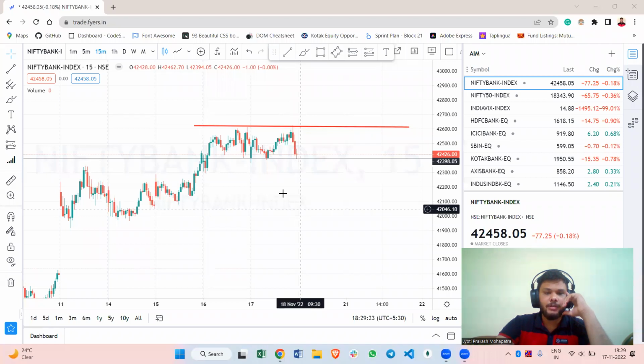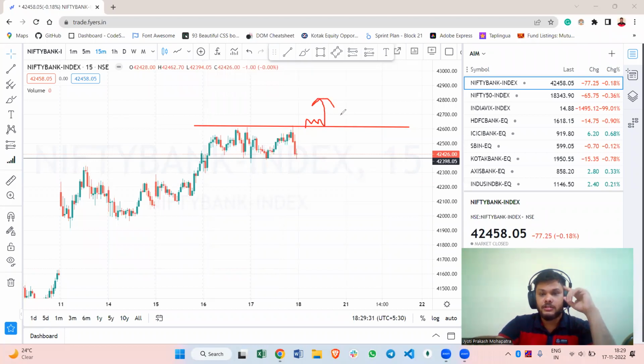So if tomorrow market opens here and continuously goes up, then you can expect buying pressure, and your target will be 42,800 to 42,900.